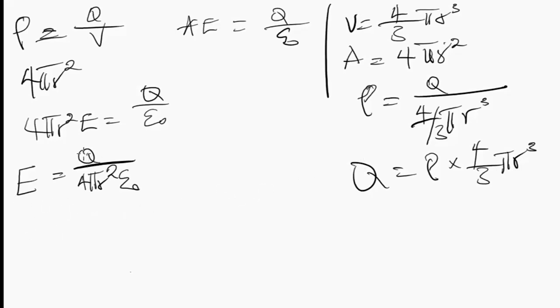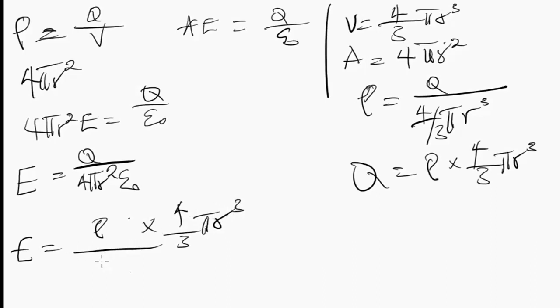So for this, we can replace Q by this. So we simply have E to be rho times 4 over 3 pi r cubed, and this is over 4 times pi times r squared times E naught.